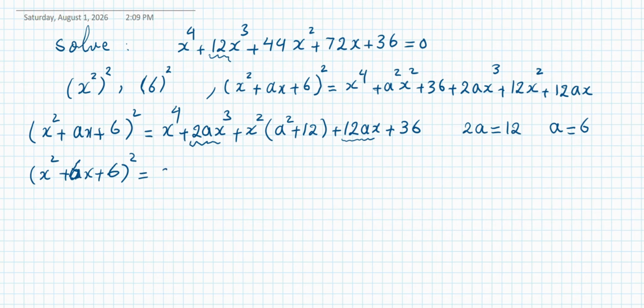So we have x to the 4 plus 12 x cubed plus 48 x squared plus 72x plus 36.